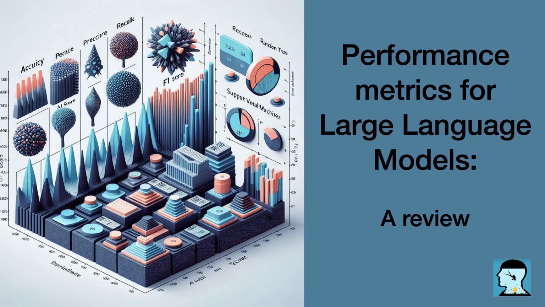If you use the wrong tool for a job, like trying to hammer in a nail with a screwdriver, you won't get the desired result. Similarly, if you use an inappropriate metric to evaluate an LLM, you may not get an accurate assessment of its performance. This can lead to misleading conclusions about how well the model actually performs.